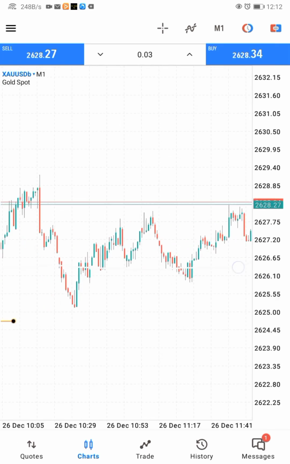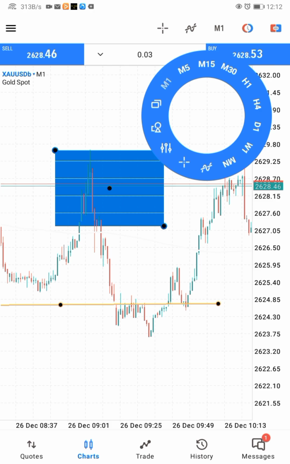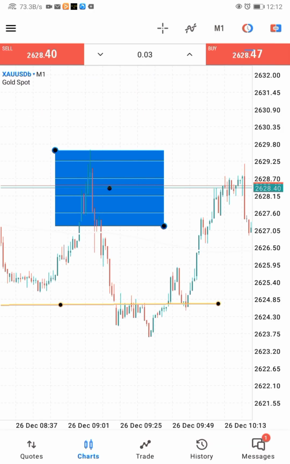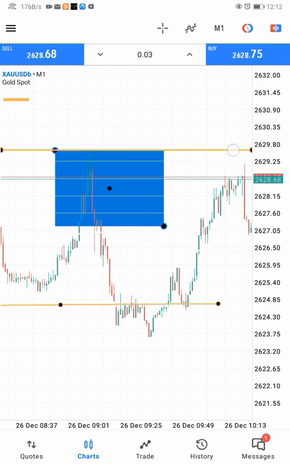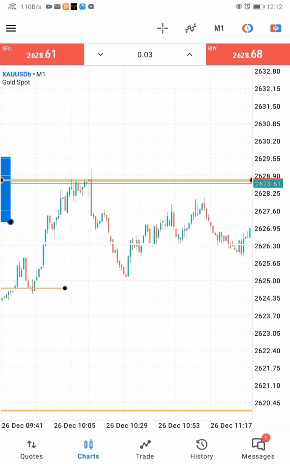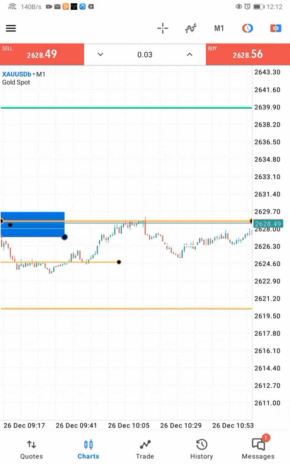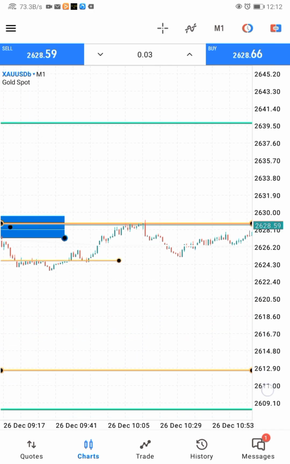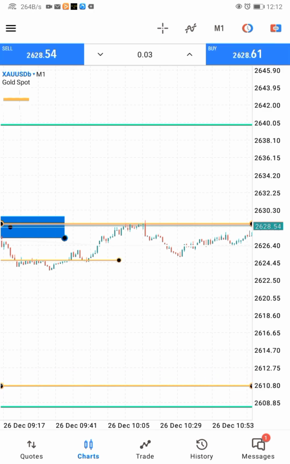On my 1 minute, you can see the market coming back to this zone, you can see this huge candle here. It taps in, and as the market taps into that zone, I was expecting to take my TP around 6 something.